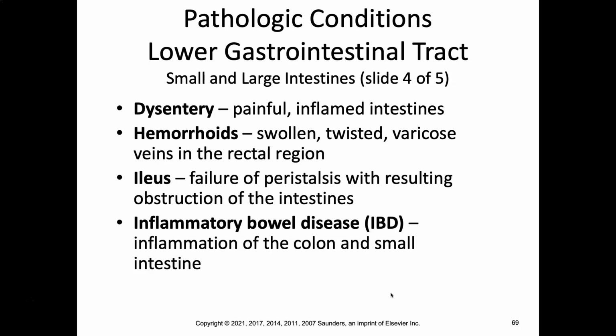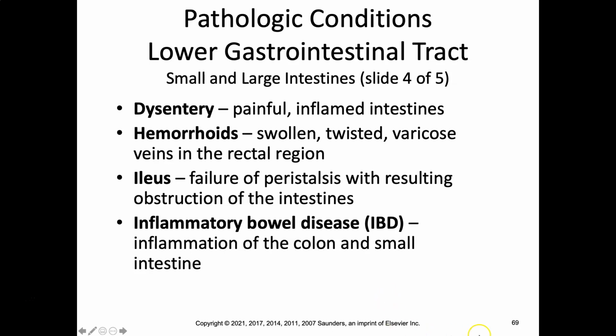If you ever hear of a small bowel obstruction or a large bowel obstruction, typically it's more of a small bowel obstruction. This is also known as an ileus, that for whatever reason the small intestine is not moving the bolus or the materials through. They just kind of stop and sit there, and it causes this obstruction or partial obstruction.